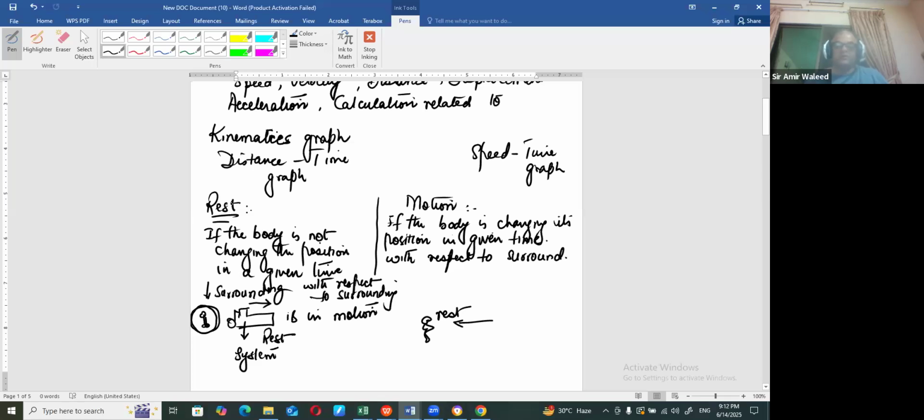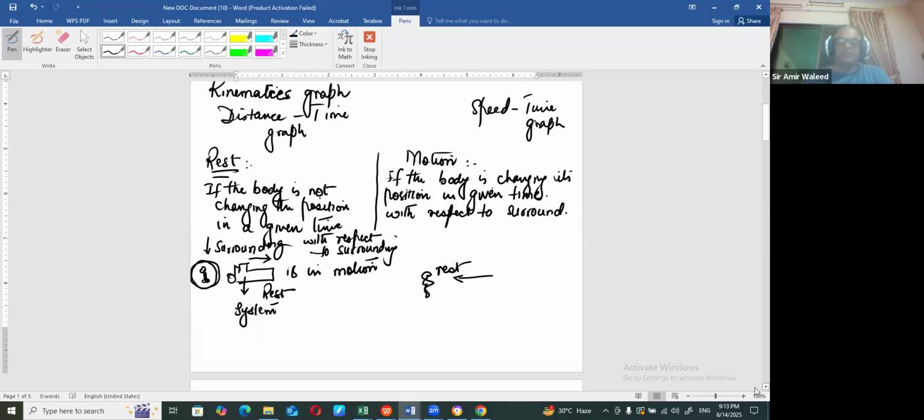You can't just say a body is in the state of motion or rest. You need to see according to which surrounding you're talking about. Because if the surrounding changes, maybe the state of rest changes into the state of motion, right? So this is the basic definition of rest and motion.